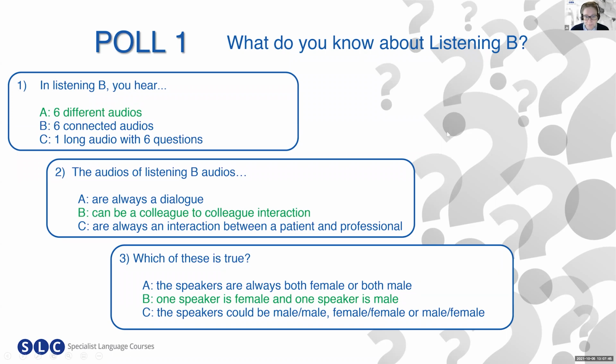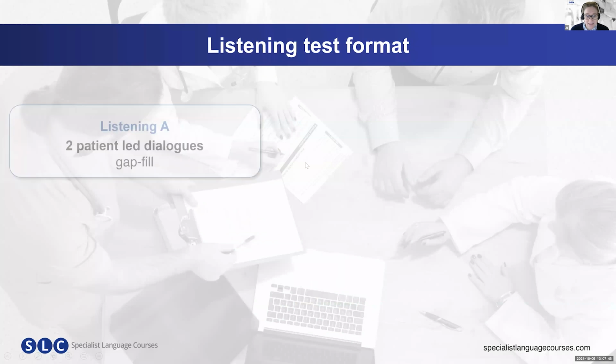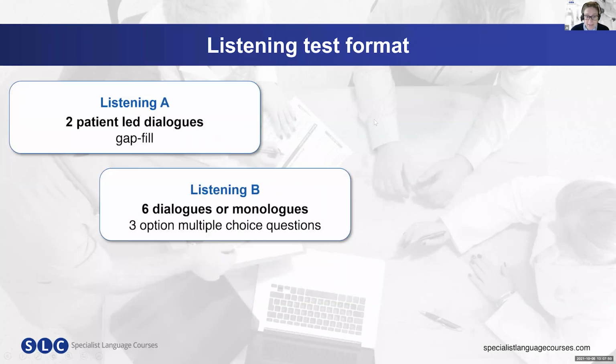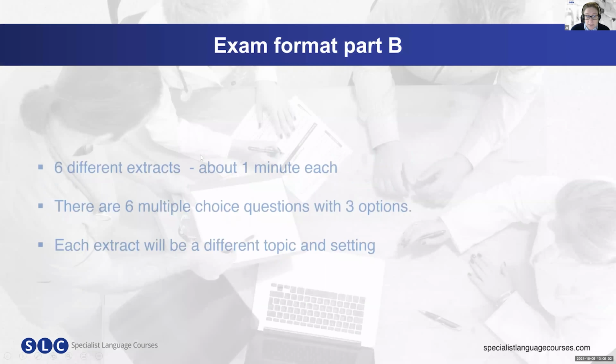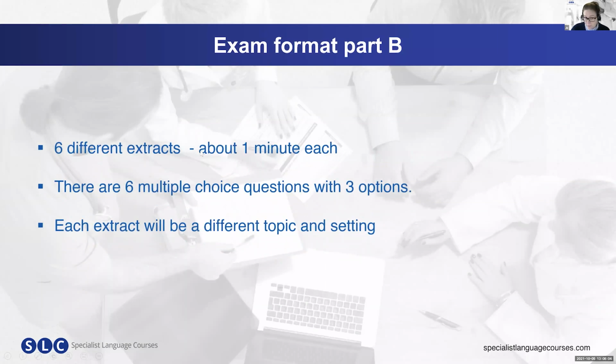Listening format: obviously you've got listening A, listening B, and listening C. Listening B is about 10 minutes long, and it's 3-option multiple choice questions. There are 6 different extracts, about 1 minute each, and 6 multiple choice questions.